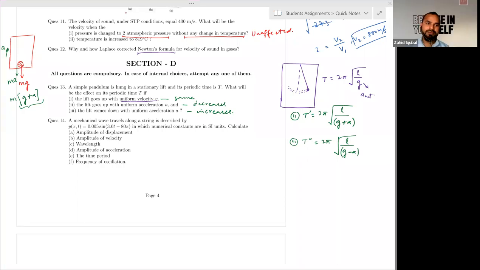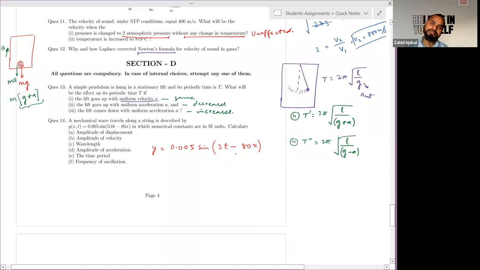In question 14, a mechanical wave travels along a string described by y is equal to 0.005 times sine of 3t minus 80x.